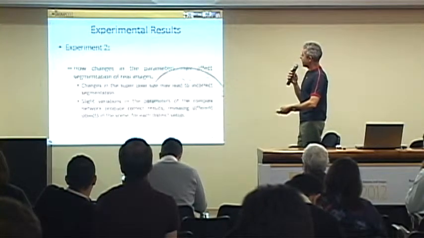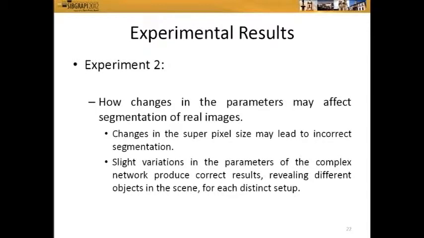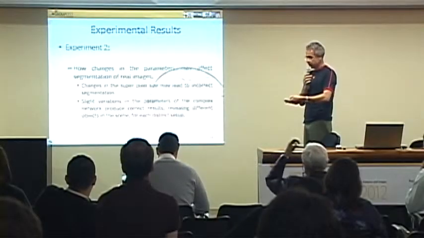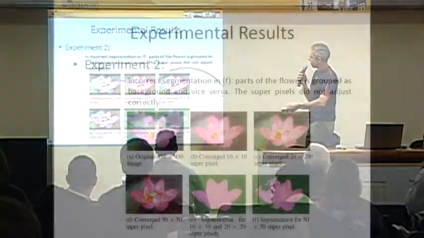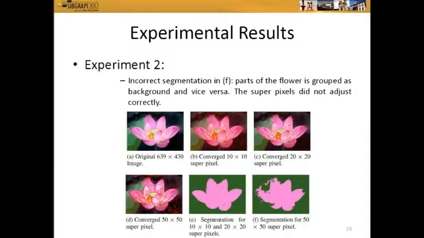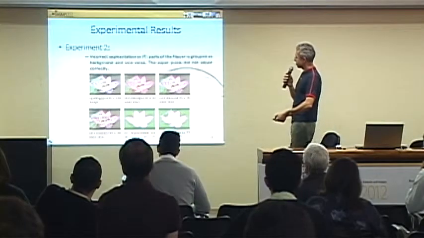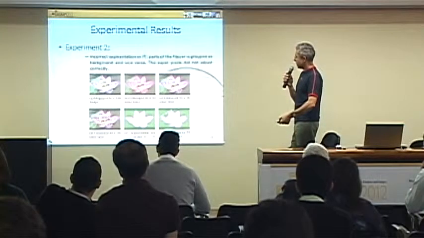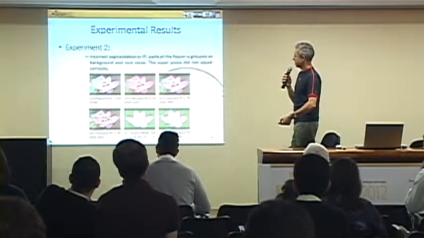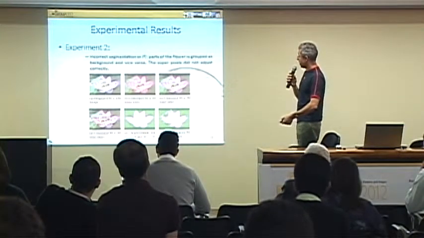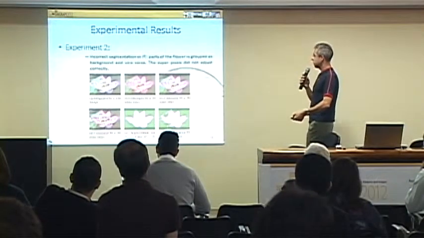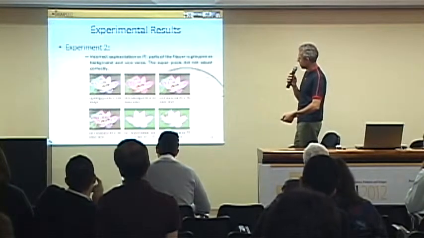Experiment 2. Then we moved on to real images to show how changes in the parameters would affect segmentation. This is an image of a flower. This is the superpixel size 10 by 10, 20, 50. And this is the segmentation provided for 10 by 10 and 20 by 20 superpixel sizes, which was the same. If increased to 50 by 50, the segmentation isn't that good.